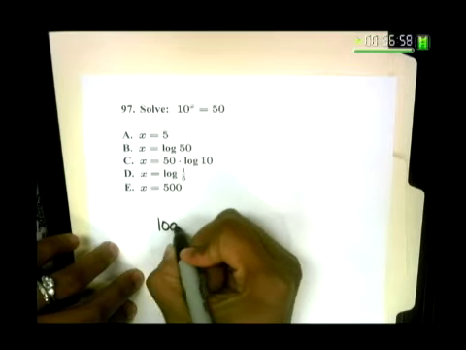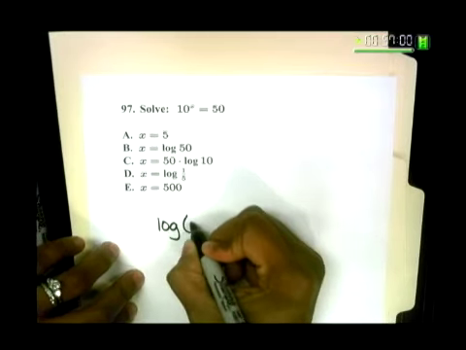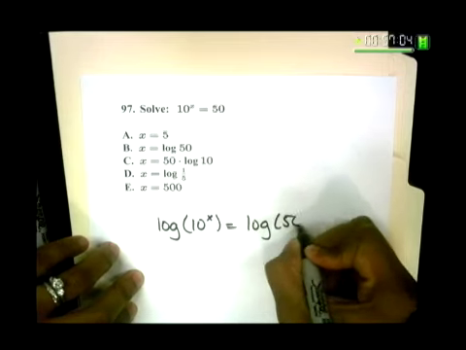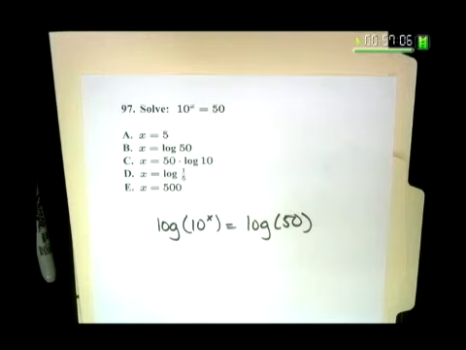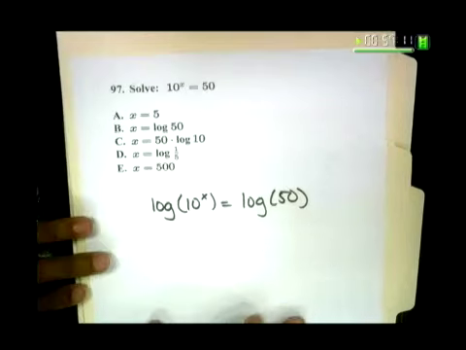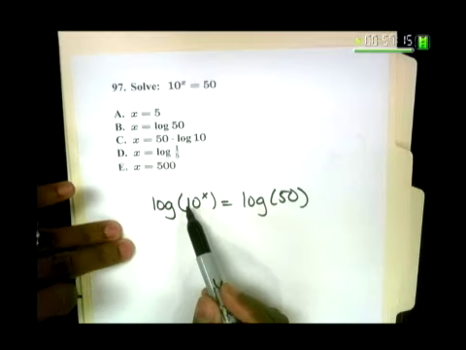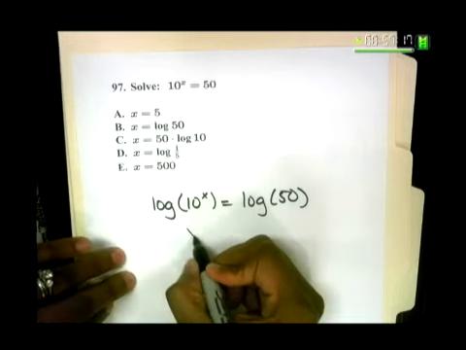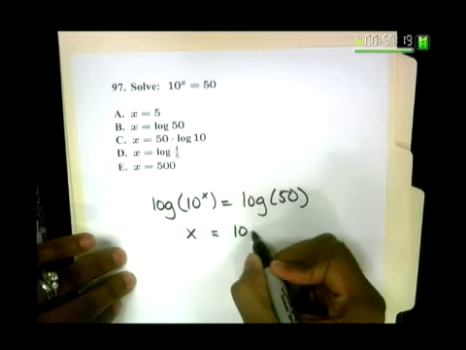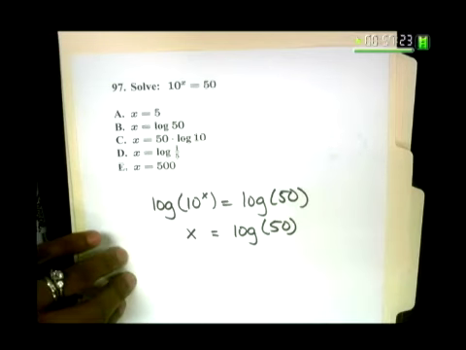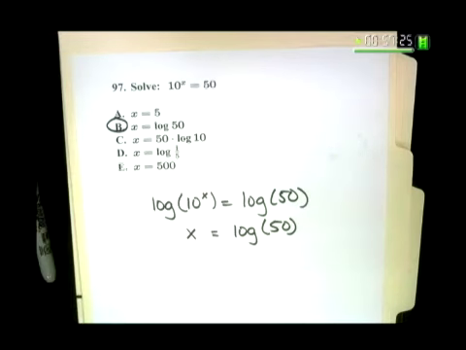So what I would do is take the log of both sides. Taking the log because log is base 10, when it doesn't have anything written there. And so what happens on the left side? This is like applying the inverse to the function, and we know when you compose those two, you just get x, and so the solution is log of 50.